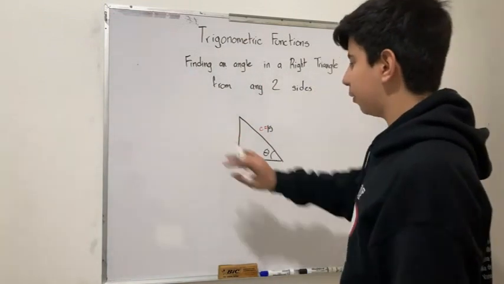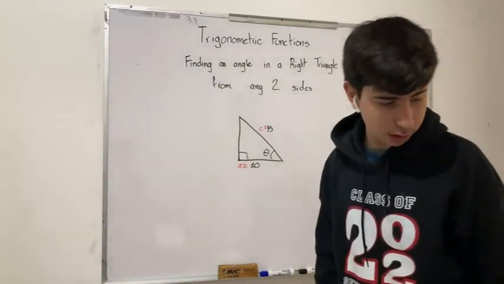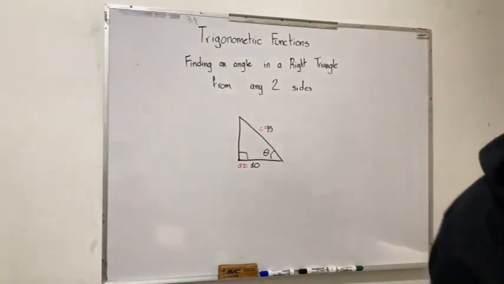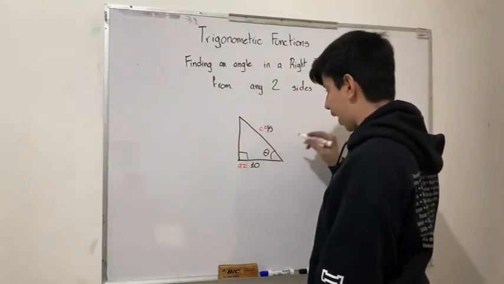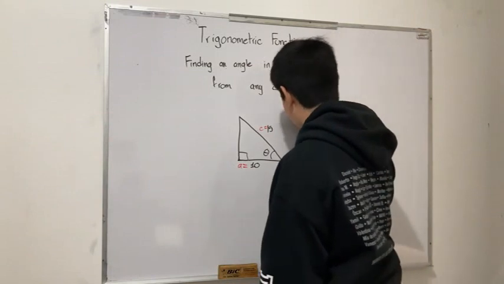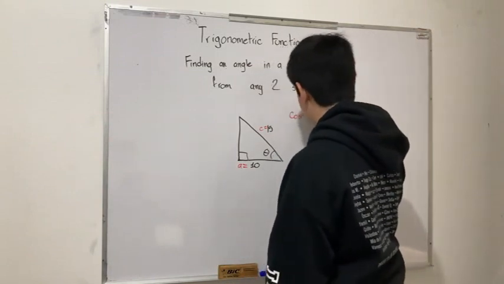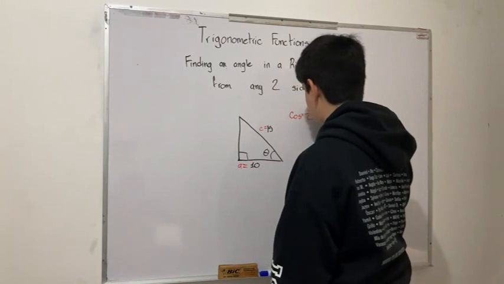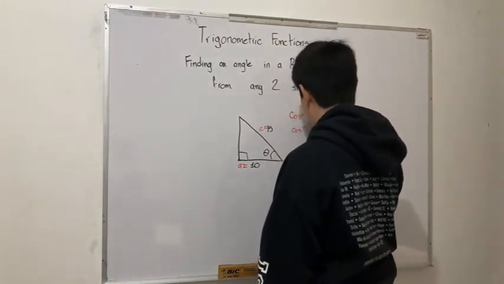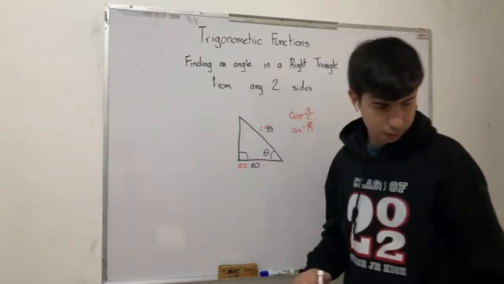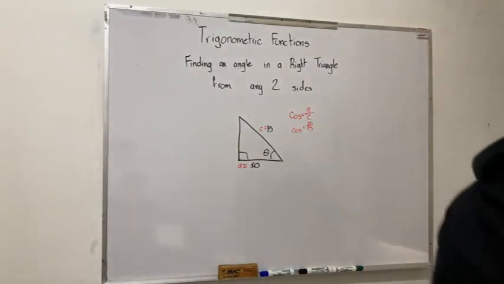We do not need b, because with a and c, we know that the trigonometric function that uses a and c is cos. So cos equals 10 divided by 15.